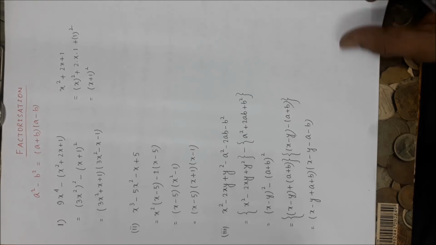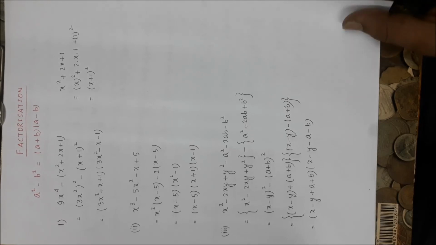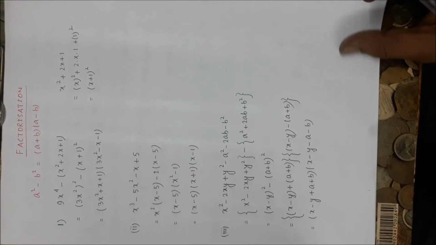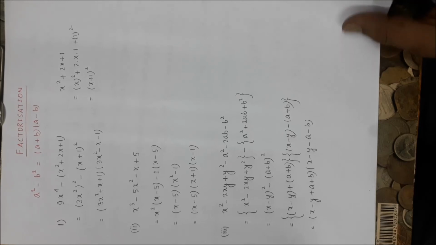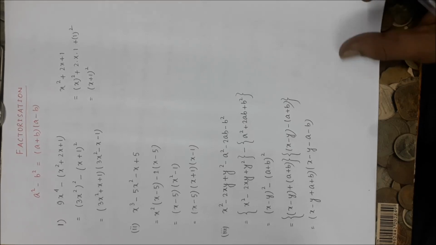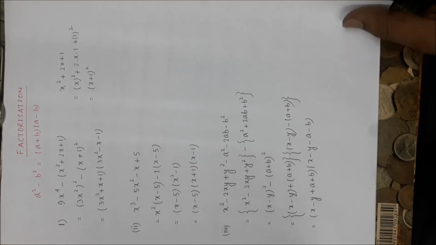Express x square plus 5x minus 7 into x square minus 5x plus 7 as the difference of 2 squares. So first we are writing the given term. Now we are taking x square and keeping these two terms together, 5x minus 7. Same, if you keep these two terms together, we apply the bracket.